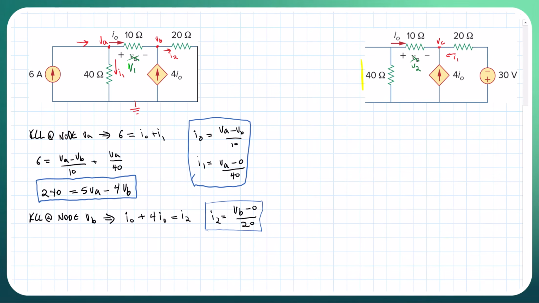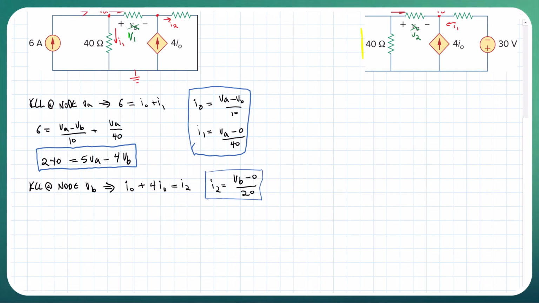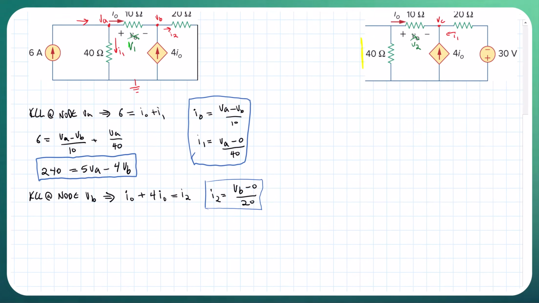Alright, so now it's a matter of substituting these values in here. So I got I naught plus 4I, so that's 5 I naught, and I naught we said was VA minus VB over 10, is equal to I2, which is VB over 20.